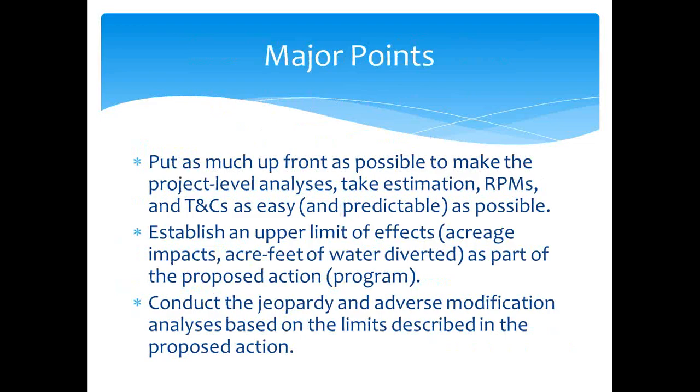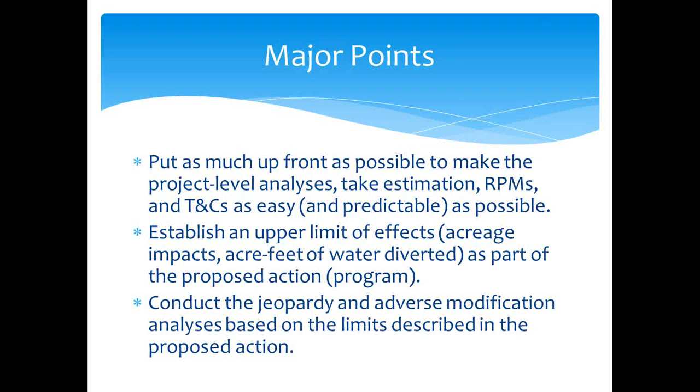The take-home points on programmatics are, as I said earlier, to work with us, coordinate to define that scope, and put as much effort up front as possible to make that project level analyses, take estimation, RPMs, terms and conditions as easy and predictable as possible.